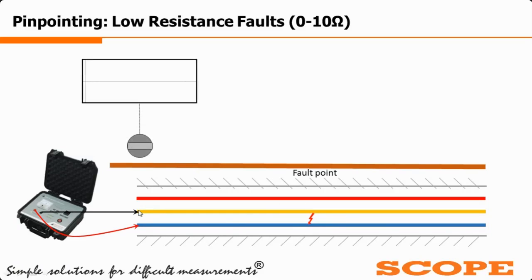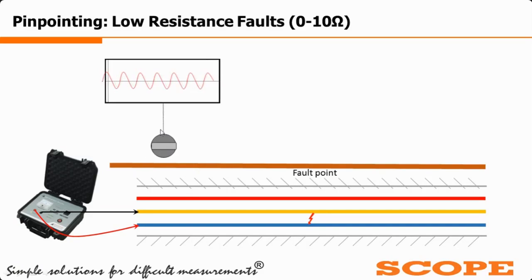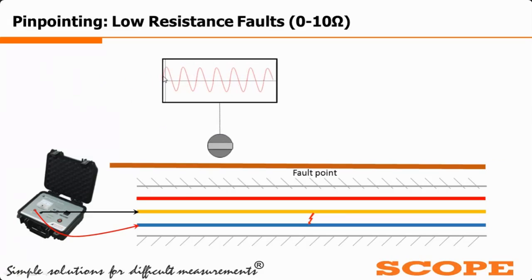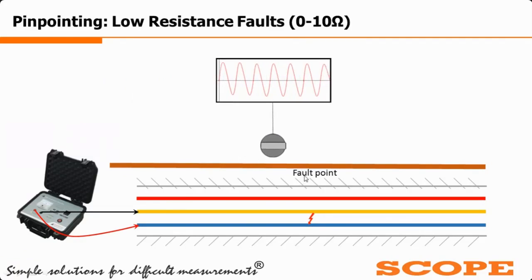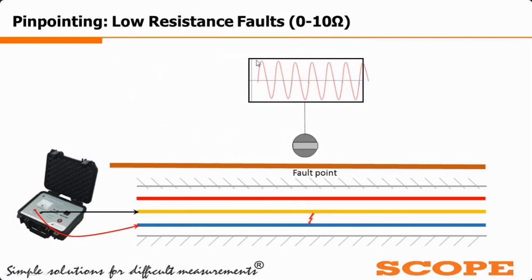We connect the route tracing sensor to the route tracing receiver, so that whenever we walk along the route of the cable, we get the cable route tracing signal on the screen. When we reach the exact fault point, we get the maximum signal on the screen, and since all the current returns from the fault point and does not travel beyond it, we will not get any signal after 1 or 2 meters from the fault location.